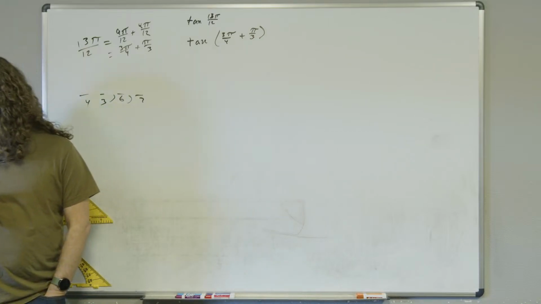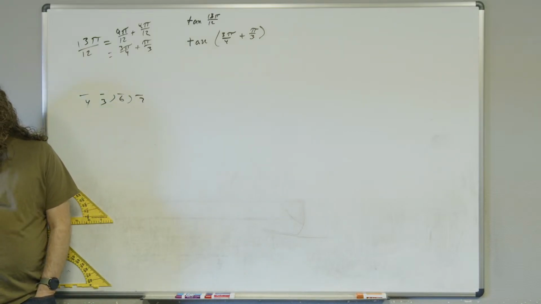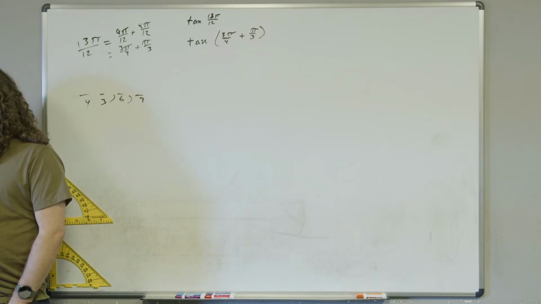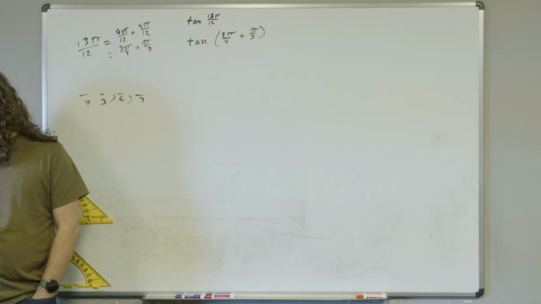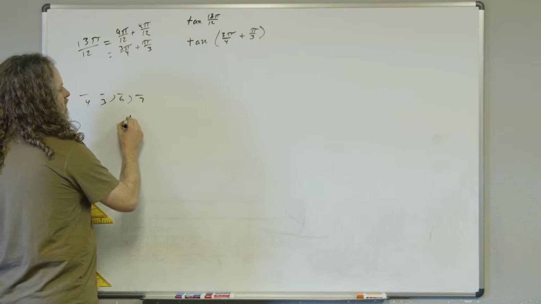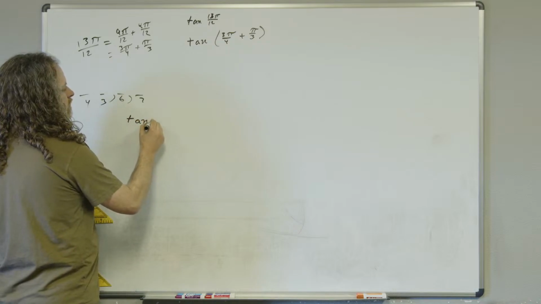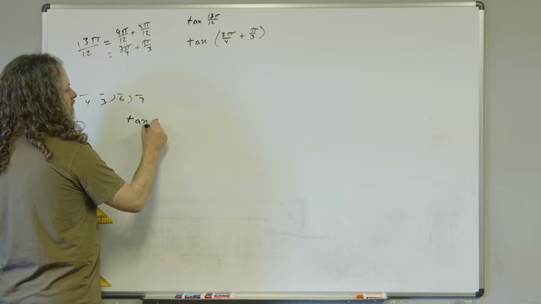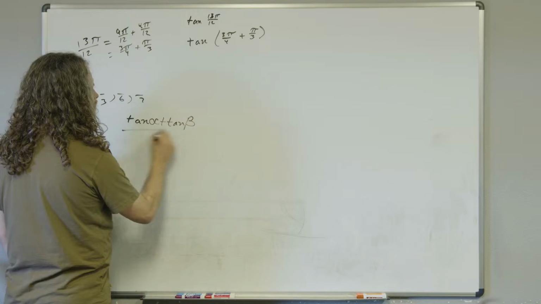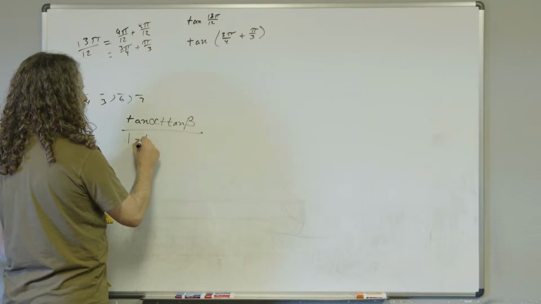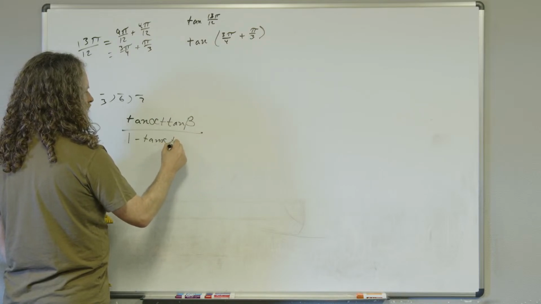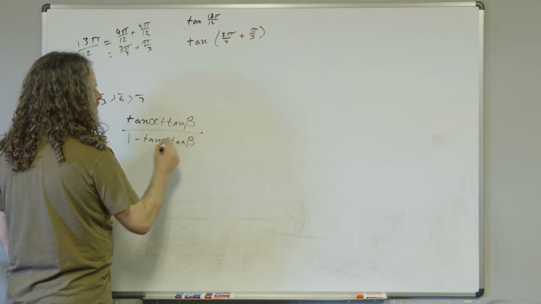Now what do we need to do? Use the tangent sum identity. What does the tangent sum identity look like? Tangent alpha plus tangent beta over 1 minus tangent alpha times tangent beta.